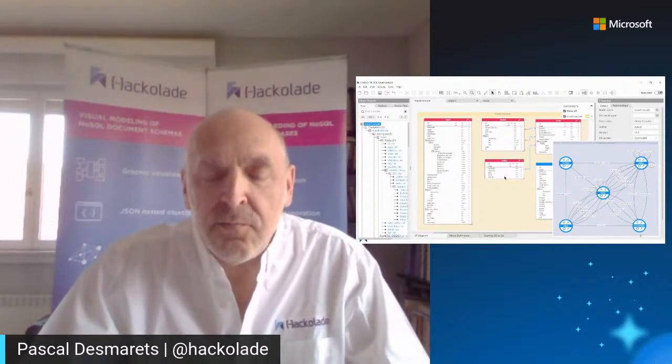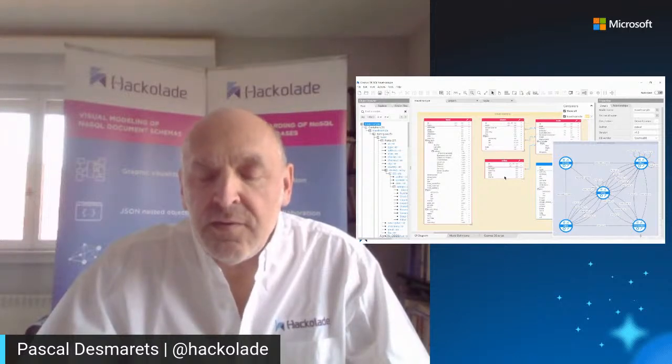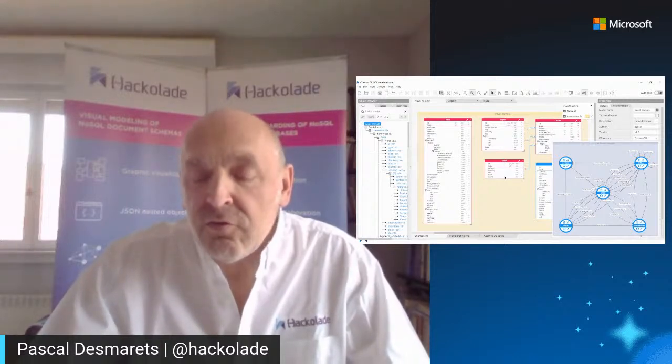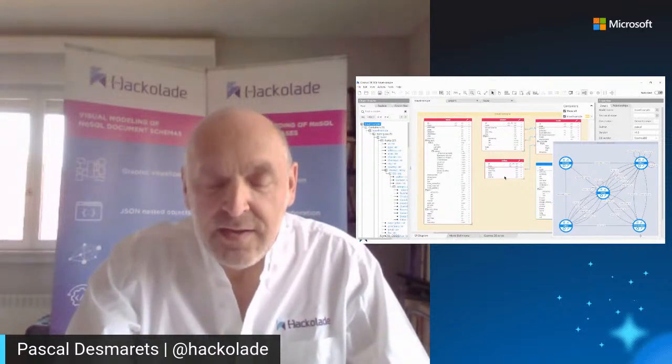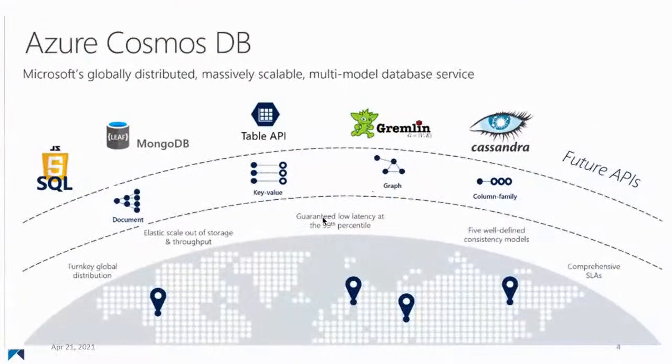And that is the complex structures found in modern big data, and also property graph databases like the Gremlin API enables. So NoSQL databases are usually divided in 4 families, and Cosmos DB supports all of these different flavors.